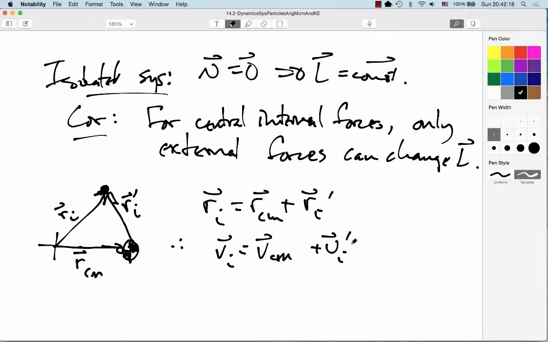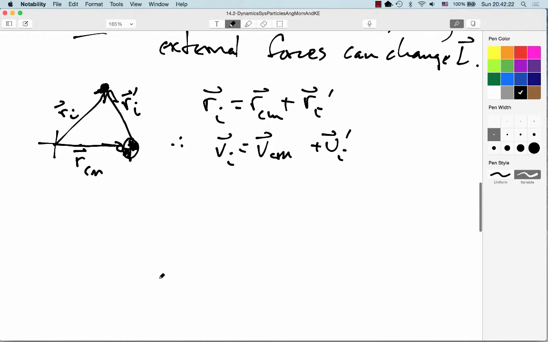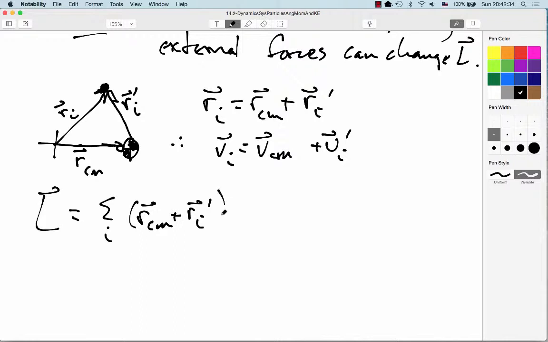All right, so we can go ahead and stick that back into our definition of angular momentum. So we have L will be equal to the sum over i of (R_CM plus R_i prime) crossed with (V_CM plus V_i prime).